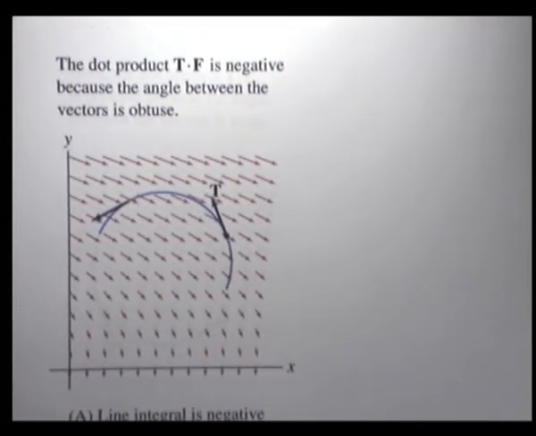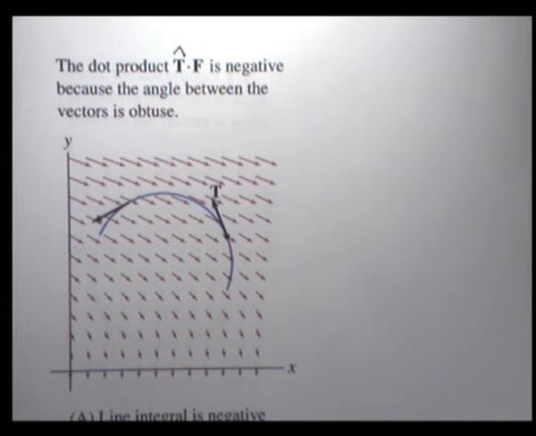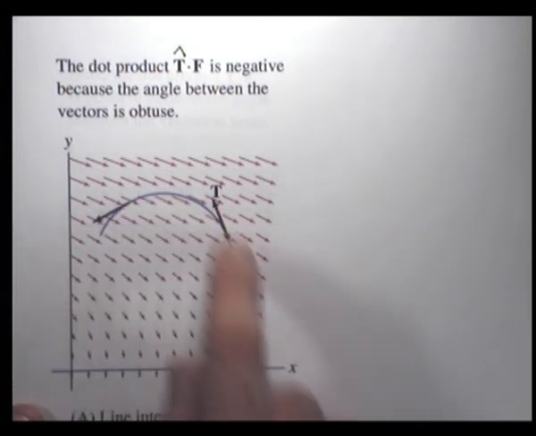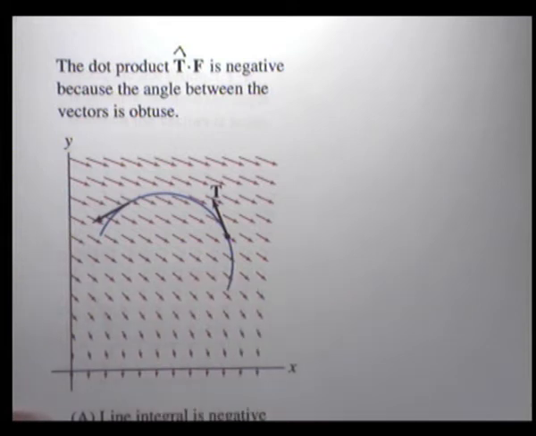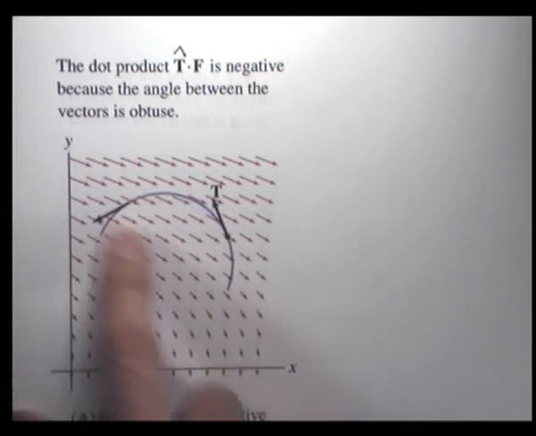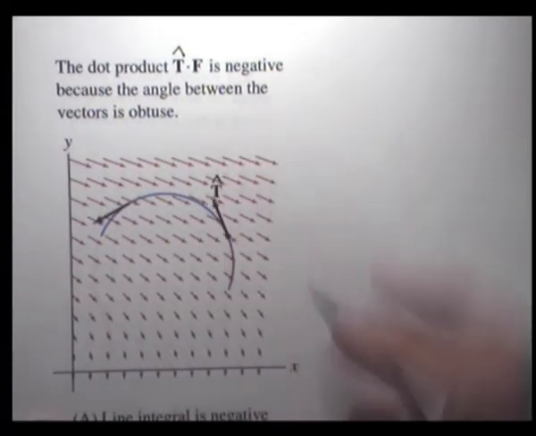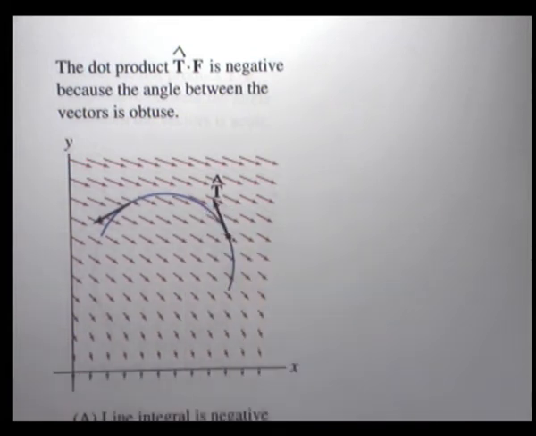Okay. It all comes back to the dot product of the vector field and the unit tangent vector. Okay, you can see here I've sliced the circle into a semicircle, right? Now, if you look along this subarc, look at the angle that the vector field makes with the unit tangent vector.